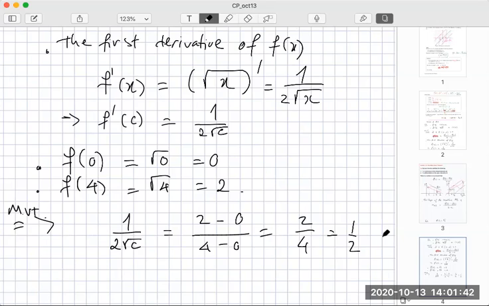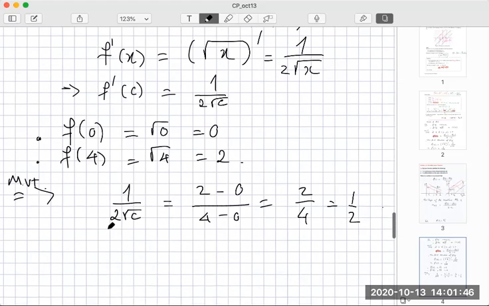So, what does it mean? How can we find c? Louder? You said 1/2 equals square root of c.